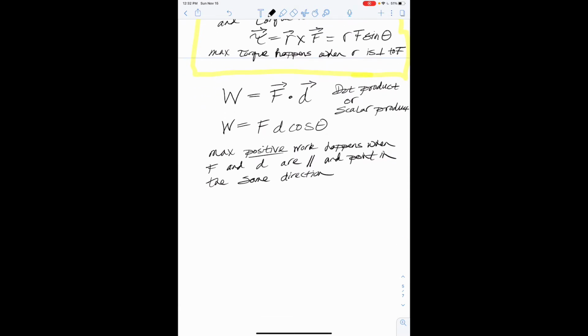So max negative work happens similarly when F and D are parallel but point in opposite directions.